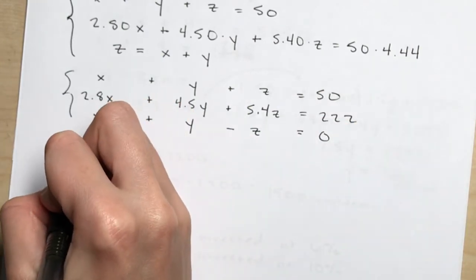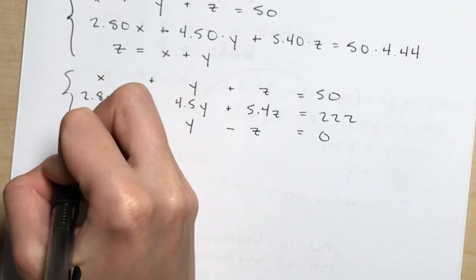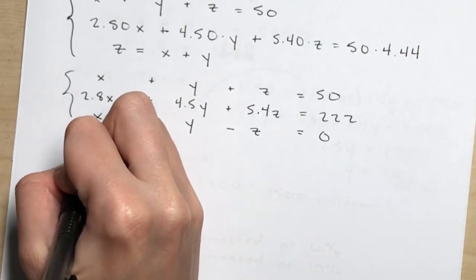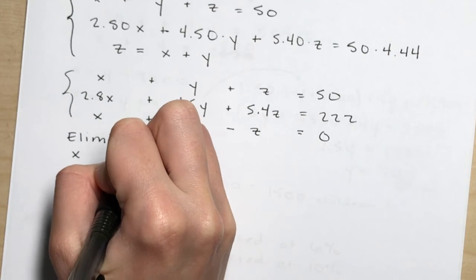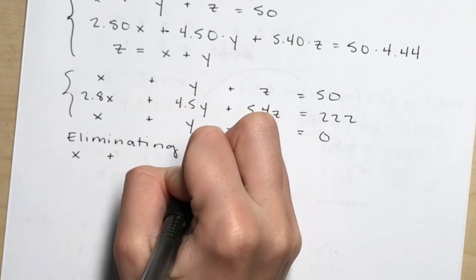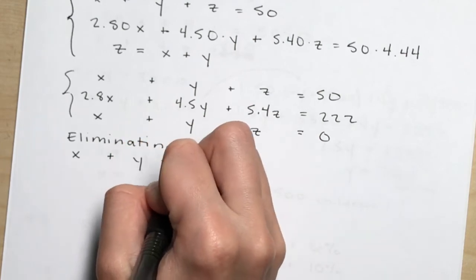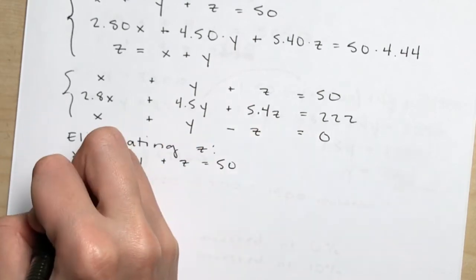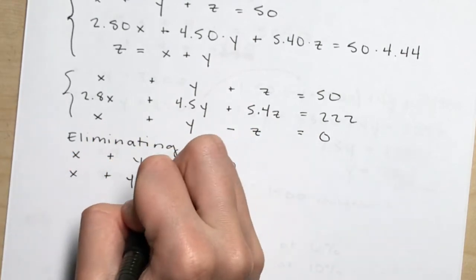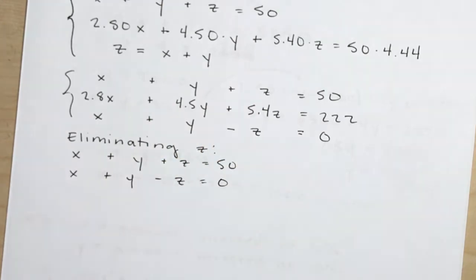So we are eliminating z. So x plus y plus z equals 50, and x plus y minus z equals 0.